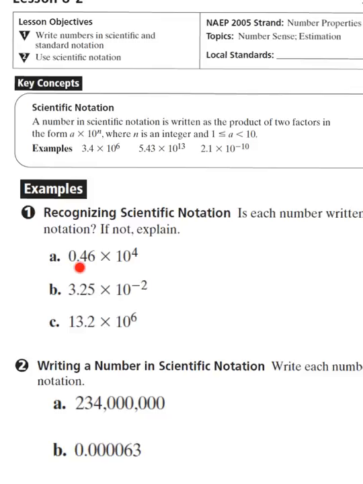We would need one non-zero number in front of that decimal place, not a 0. With B, we have one number in front of the decimal place, and then it's times 10 to a power. So this is written in correct scientific notation. With C, again, this is not, because we've got 2 non-zero numbers in front of that decimal place. So this is not proper scientific notation.